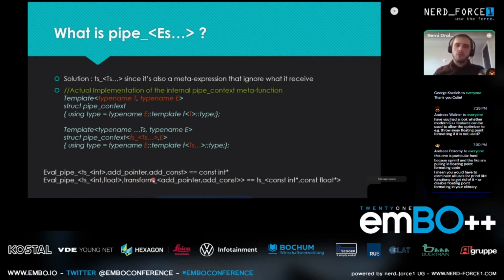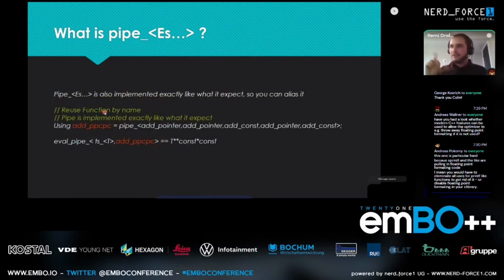Transform basically is a for each. It will add a pointer, add a const to each of them, and output a TS, so TS of const int pointer. Now the only problem is that my meta expressions need to deal with the fact that they may output a TS, because it's both a meta function and an output, and I can parse it correctly. So now let's see if you have followed correctly.